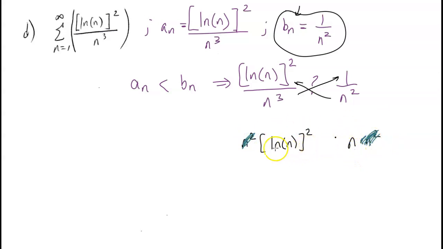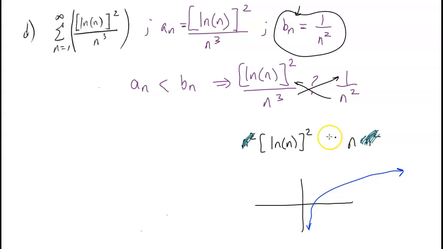So the only thing we're really comparing is n and natural log of n squared. Now, if we looked at a graph of natural log of n and then squared it, what that's going to look like is essentially a natural log function. So it's just going to look like that.